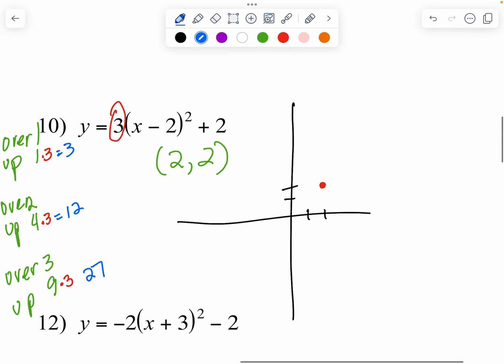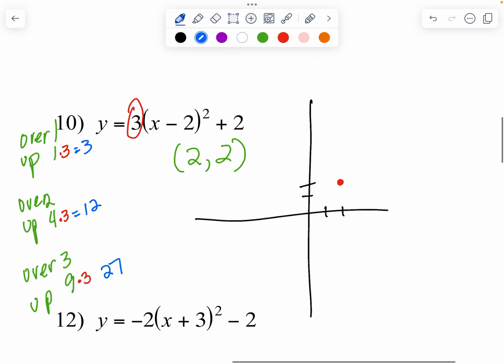So to get the next one here, you're going to go over 1, up 3. 1, 2, 3. Put your dot. Over 2, right? That's this one. 1, 2.